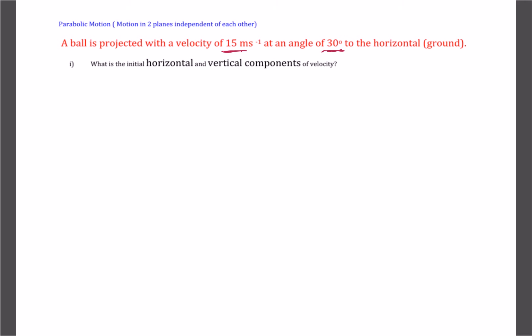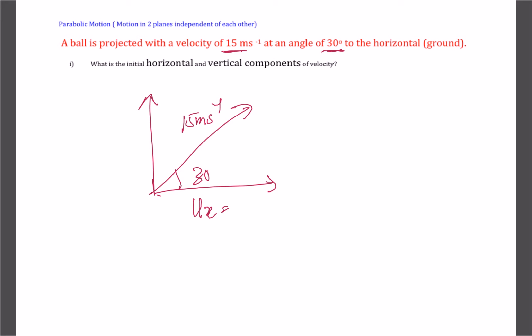So if you just break it up as 15 meters per second, and you want to know what is the x component, and this is 30 degrees. We have 15 cosine 30, and this is the y component, the vertical component, which is 15 sine 30.